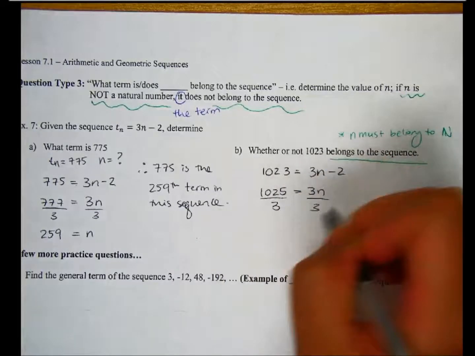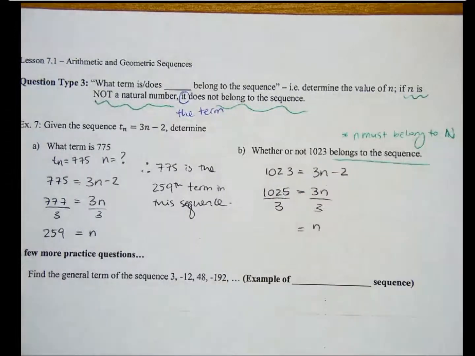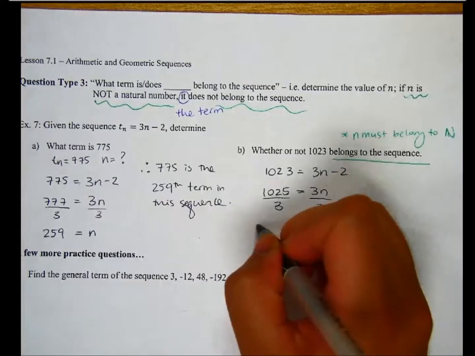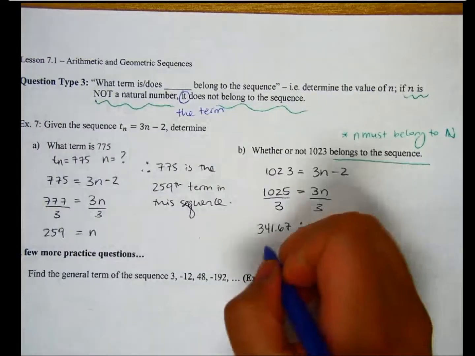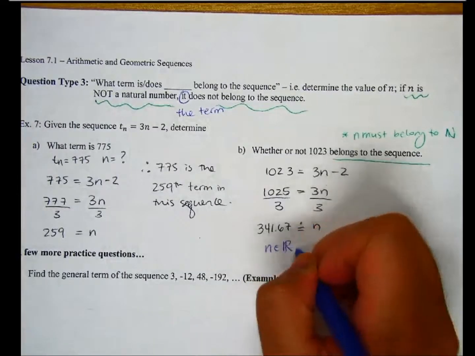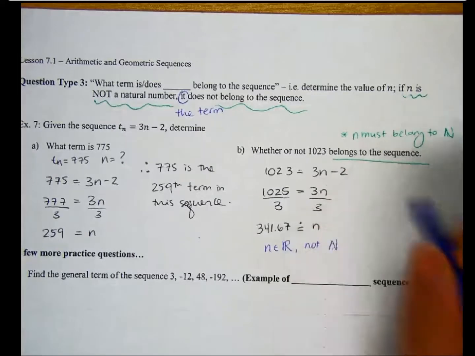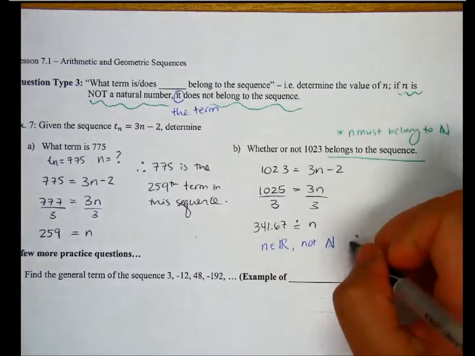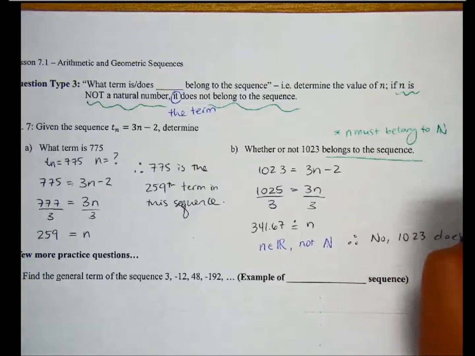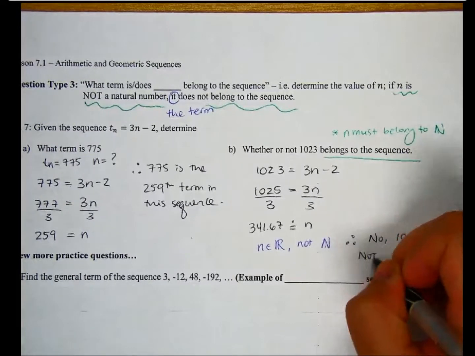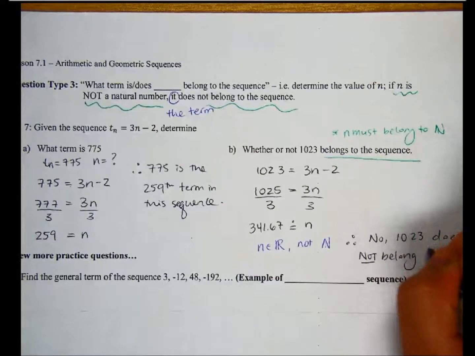Now divide both sides by 3, and we end up getting that n is approximately 341.67. So as soon as we see that n belongs to the set of real numbers, not the natural numbers, we can say, therefore, no, 1023 does not belong to the sequence.